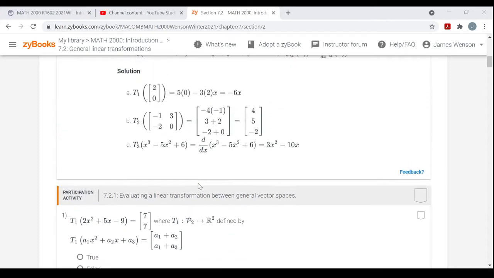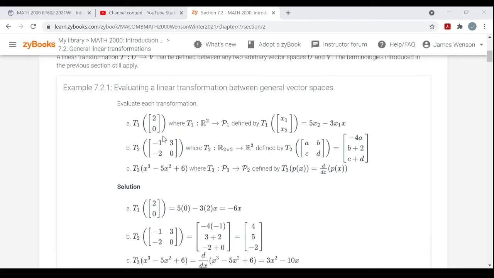Right. So A, you see this transformation T1 takes an input from R2, right? So a vector with two components, and then its output is from P1, which are those polynomials of degree 1 or less. And here's how it does it.